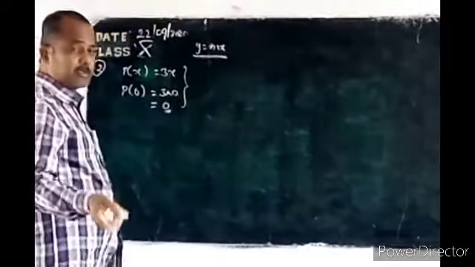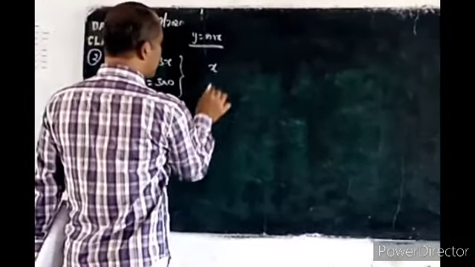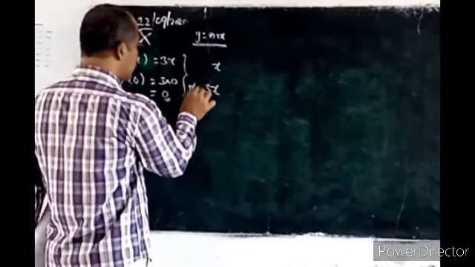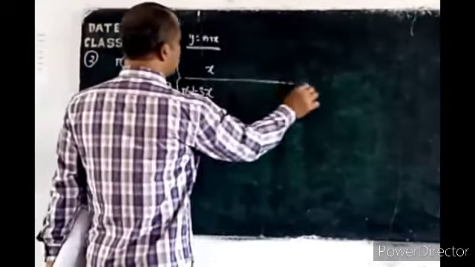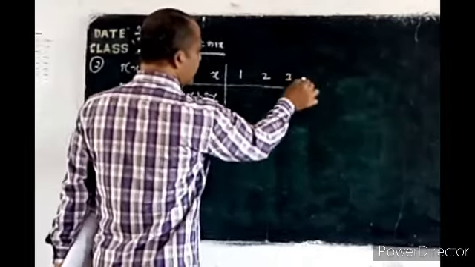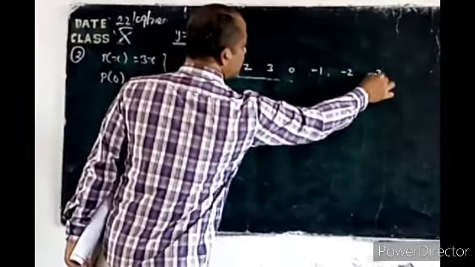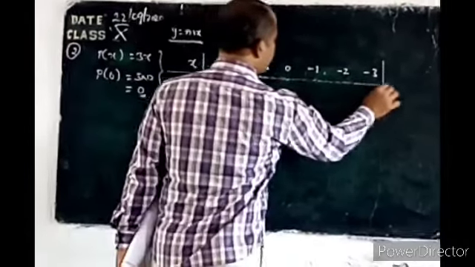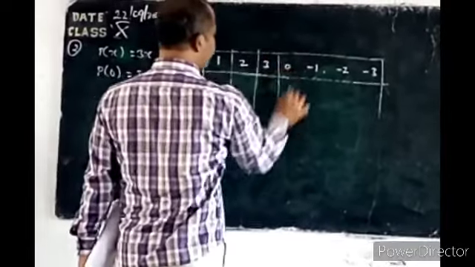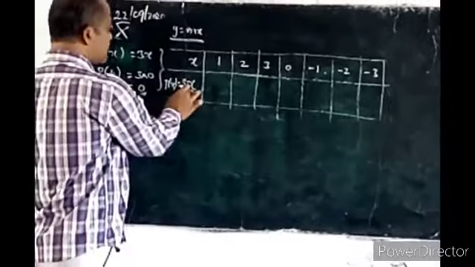Now by drawing the table, by using the graph. If you want to find it by using the graph, x value and p of x is nothing but 3x. X values 1, 2, 3, next 0, minus 1, minus 2, minus 3. For different values we are going to find the value of the polynomial. P of x is 3x.